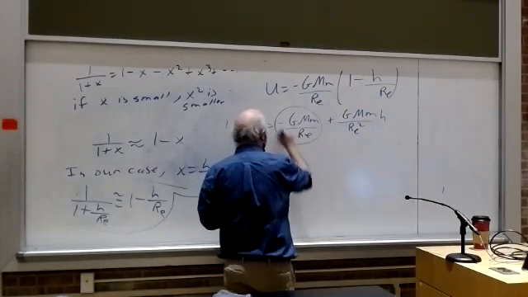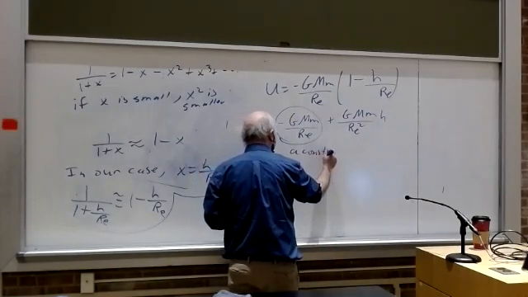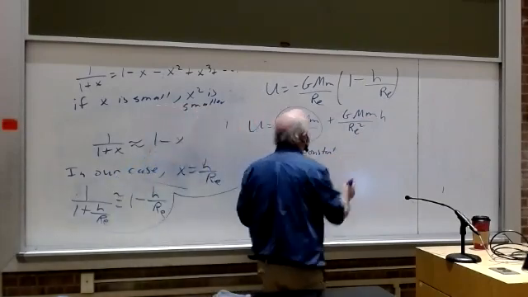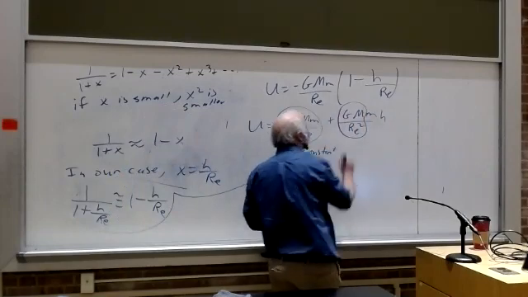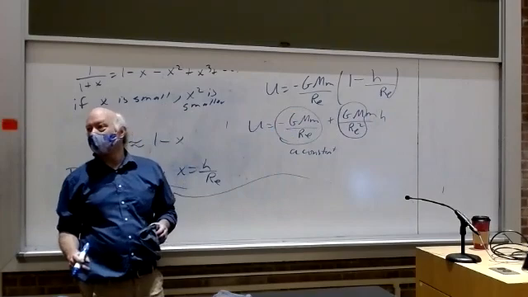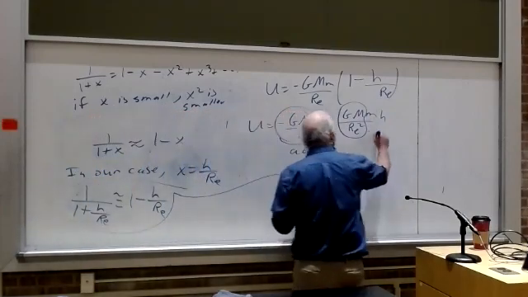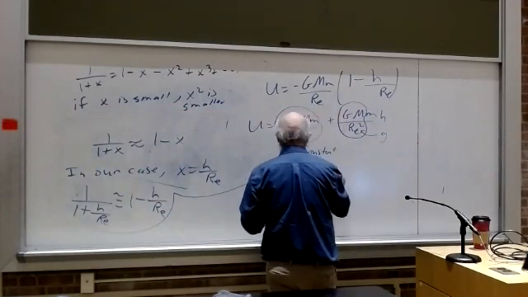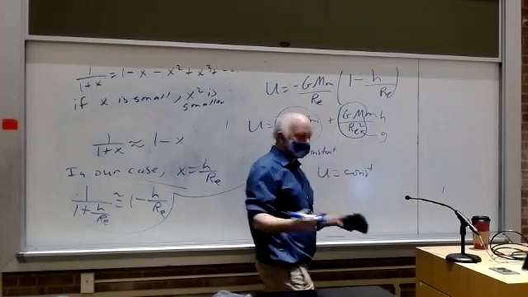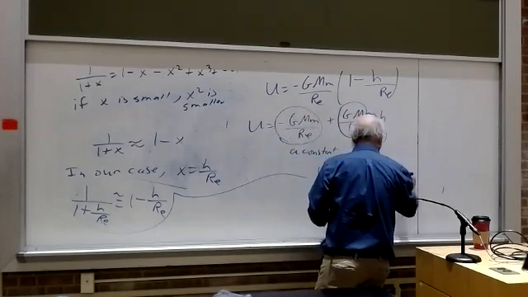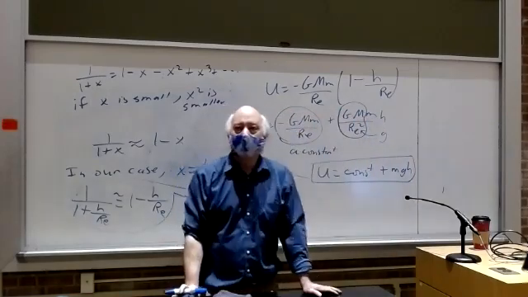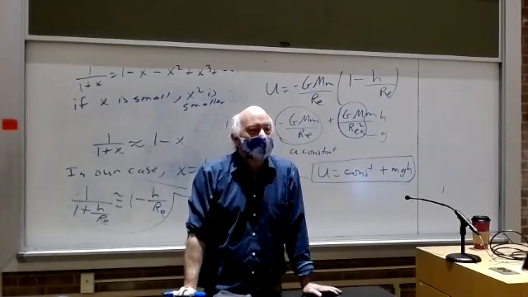This is a constant. A constant doesn't matter, but this is a friend. What do you know about this right here? That's our friend little g. So I get that this U equals a constant, which we can neglect, plus mgh. That's the connection there. Okay, that's the sophisticated part.